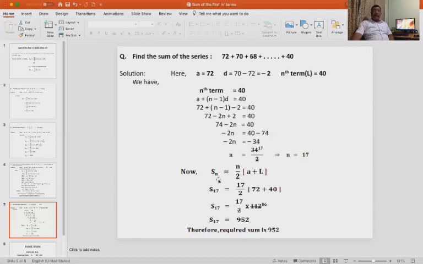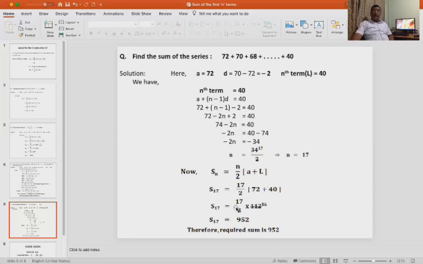Now, Sn equals n by 2 into a plus l. We are using this relation because in this question, the nth term or the last term is given to be 40. So S17, since your n is 17 here, will be equal to 17 by 2 into, since your A is 72, 72 plus your last term, which is 40.